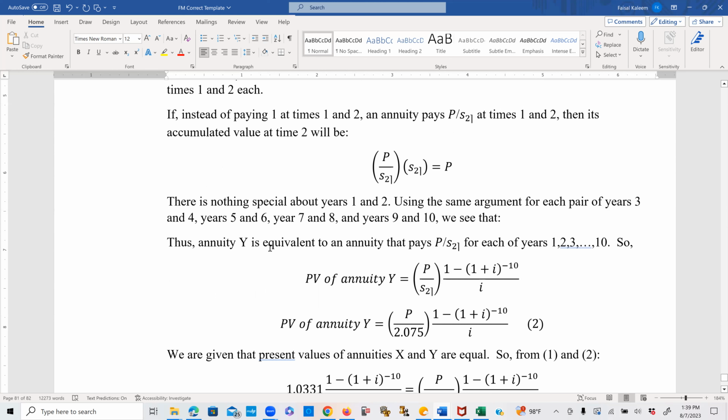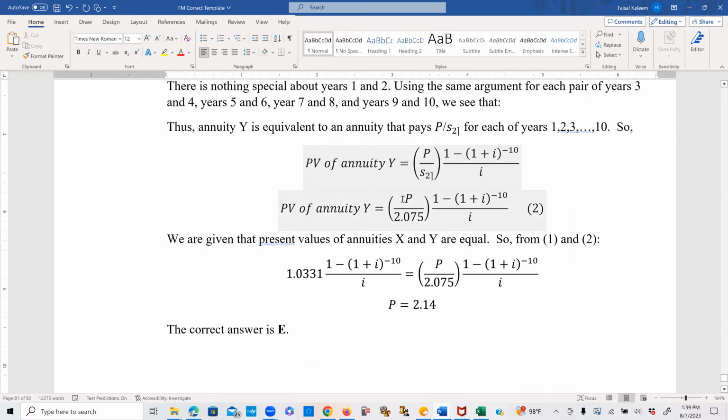And we can also add that it's an annuity immediate. So the present value of annuity Y would be, again by our basic present value equation for annuity immediate, each payment, P over S2, times 1 minus 1 plus i to the negative 10 over i. And we are given that S2 is 2.075, so we substitute to get the present value of Y.